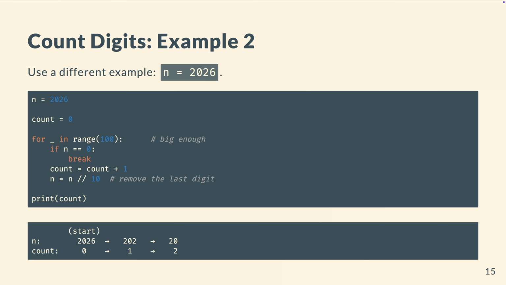After 2 loops, 2 digits of n are removed. Now, count is 2, and n is 20. After 3 loops, count is 3, and n becomes 2. After the 4th loop, count is 4, and n becomes 0. Now n is 0, so the code breaks out of the loop. That's how we stop early.